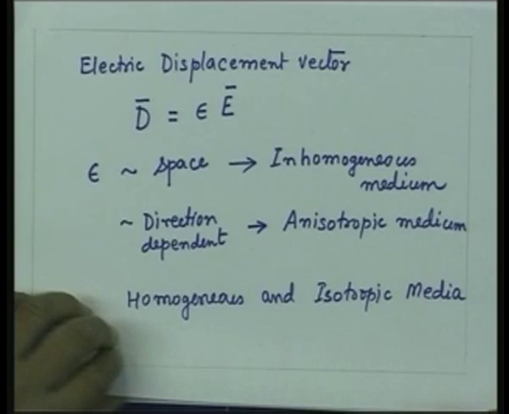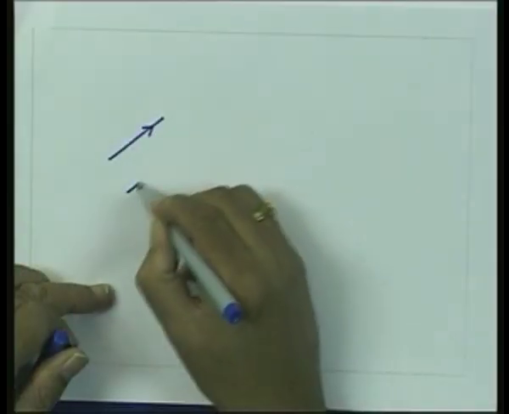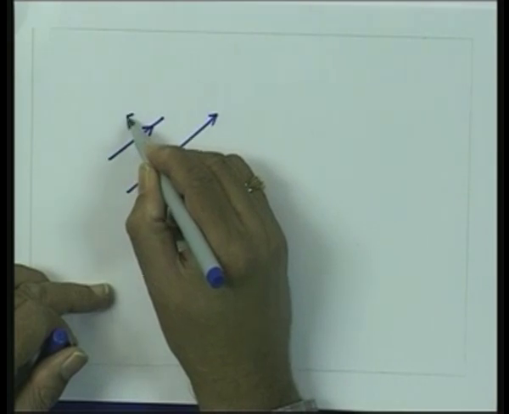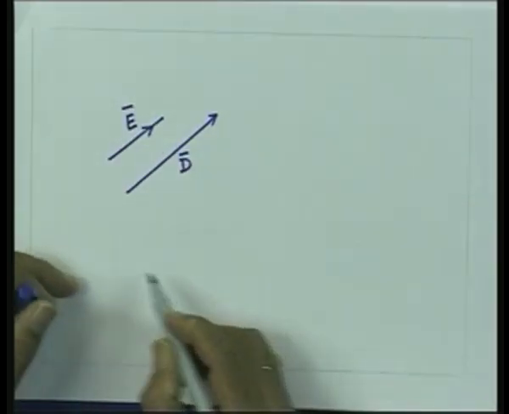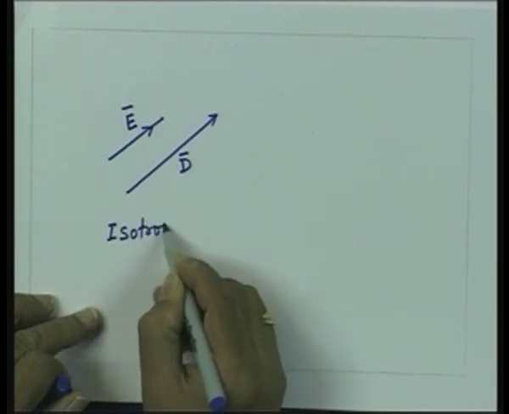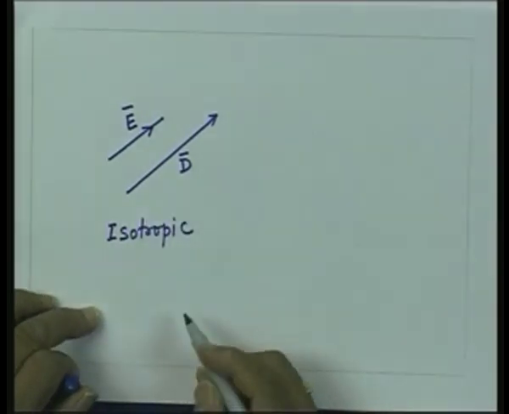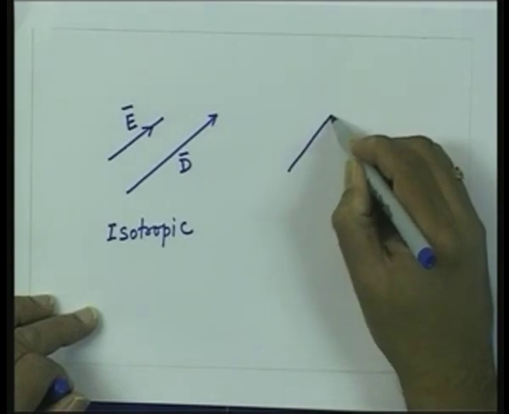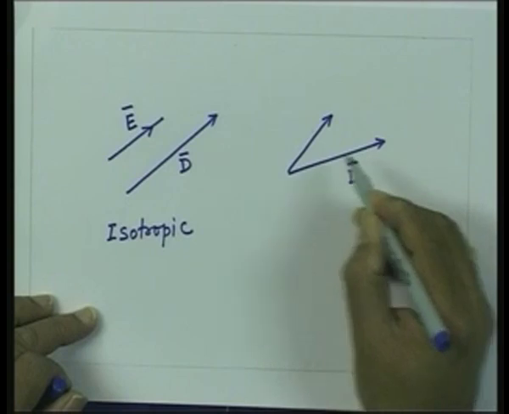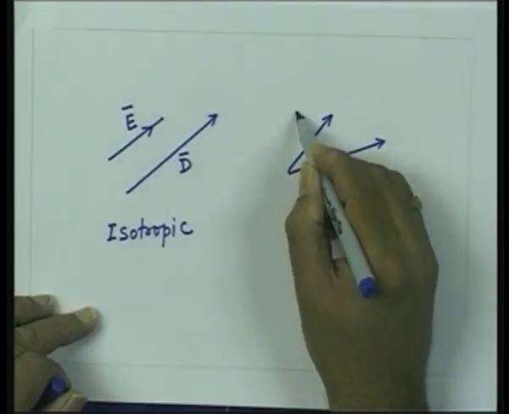So, we say that this is E and this is D, this is E. This will be the case if the medium is isotropic, whereas this will be the case if the medium is anisotropic.